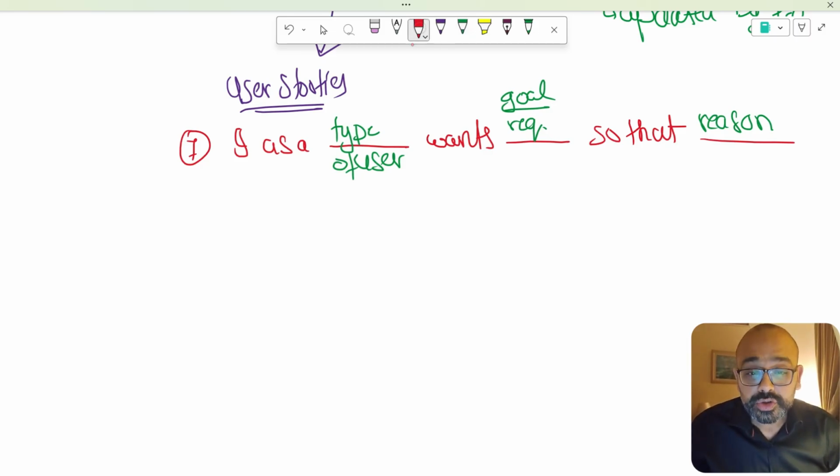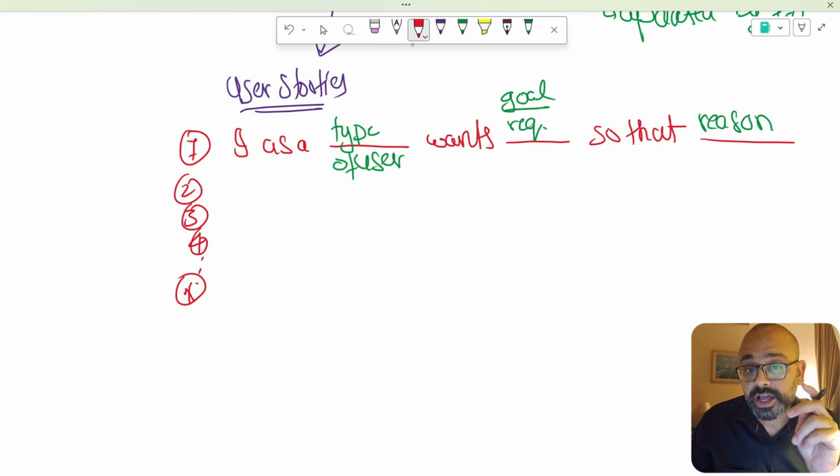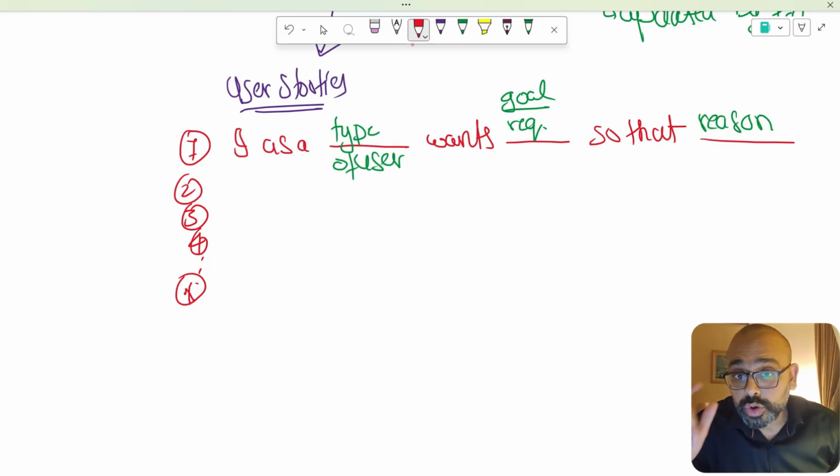And imagine your product backlog contains all the user stories like this up to X amount, and every user story will have who is asking, what is the requirement, and what is the reason for doing it. So that when a product owner shows this requirement to the development team, they will start thinking creatively about how they are going to solve it, how they are going to execute it. Creative ideas will come from the team if they know the reason for doing that particular work. That's the idea of a user story.